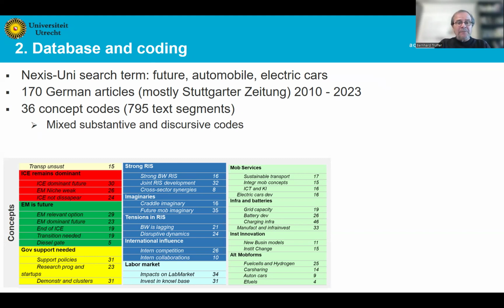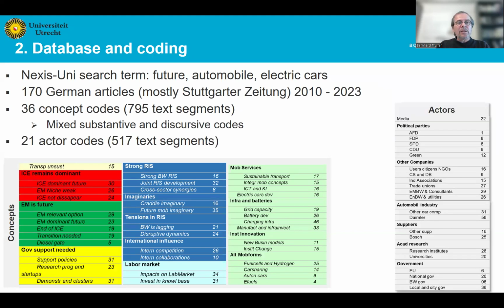The green is arguing for the electric vehicles being important in the future. Yellow relates to governance or government policies that would be needed. Blue is for the regional dimensions that were assumed. Labor markets is obvious. And light green ones refer to specific innovation strategies.